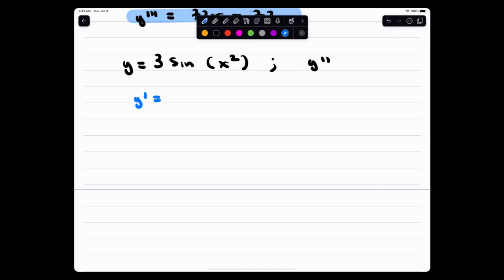So what's the first derivative going to be? Pull out your constant.